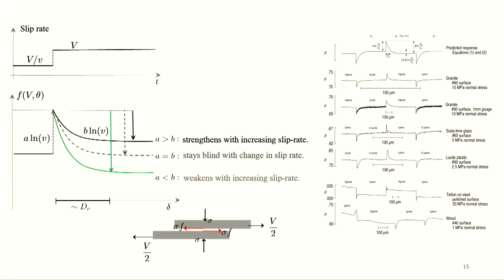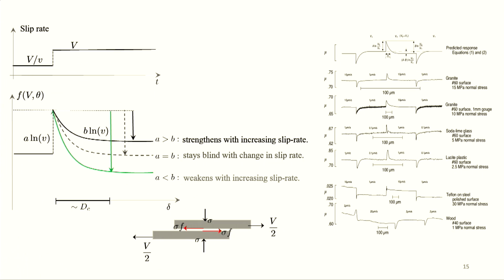The strengthening regions are the ones where stable sliding happens, but the story is more complicated than this. Just having a rate weakening region does not guarantee that you're going to get an earthquake. There should be an energetic condition: the length of the crack should be large enough so that you can grow the crack eventually.